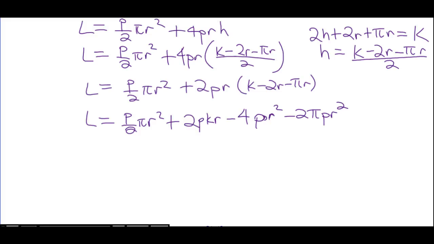We got a p pi r squared here, and we got a p pi r squared here, so these guys are like terms. So I've got a half of something minus 2 of something, which will be minus 3 halves of that. So let's go minus 3 halves pi p r squared.